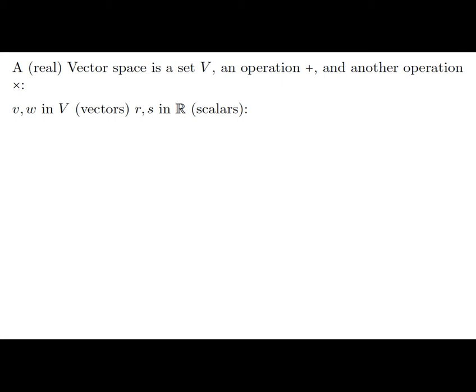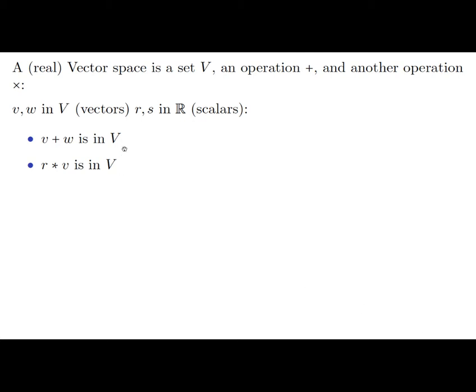So I'm always going to write V and W for things in V, which are called vectors, and R and S for numbers or scalars, real numbers. And I'm going to use sort of shorthand here. If V and W are vectors, then so is V plus W. And if R is a scalar and V is a vector, then so is R times V.